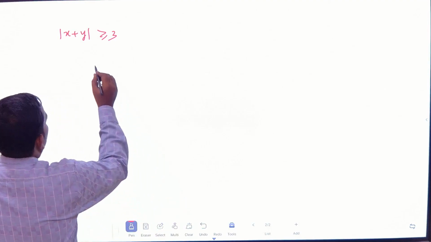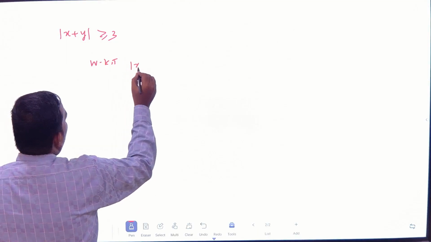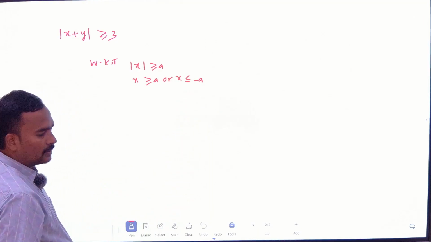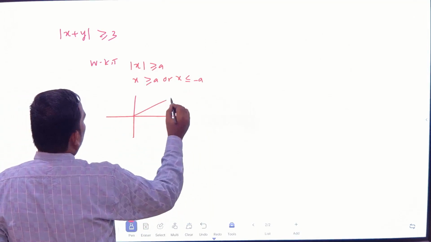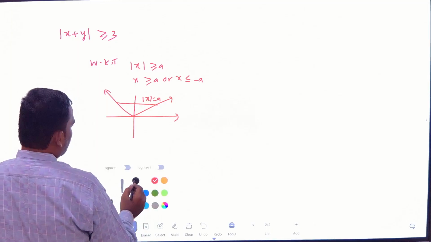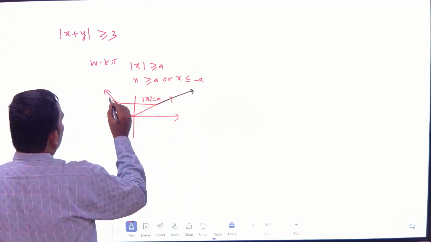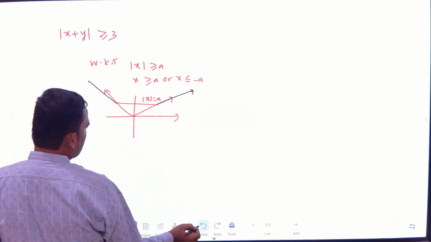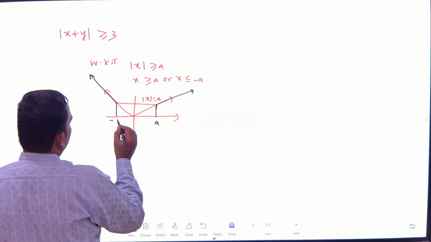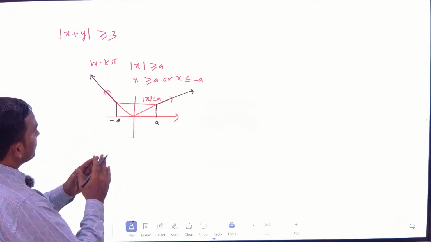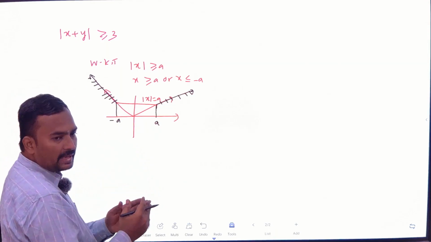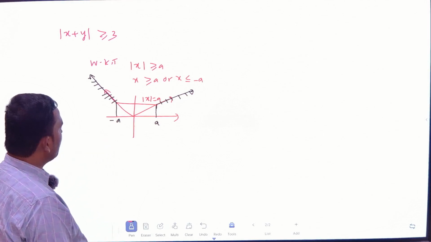We already know that mod x greater than A means x should be greater than A or x should be less than minus A. This is the mod x curve, and suppose you take mod x equal to A. We need more than A, or less than minus A. So, mod x greater than A requires you to take x values more than A or less than minus A.